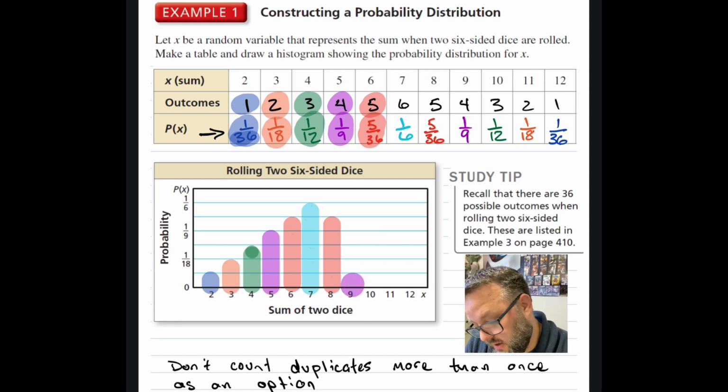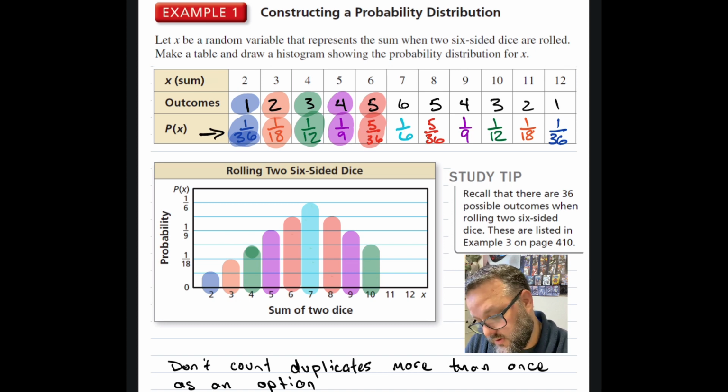A sum of 9 is the same probability or chance as rolling a sum of 5. A sum of 10 is the same probability as rolling a sum of 4.